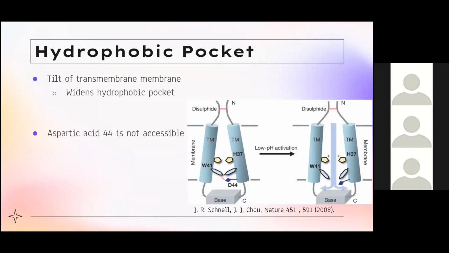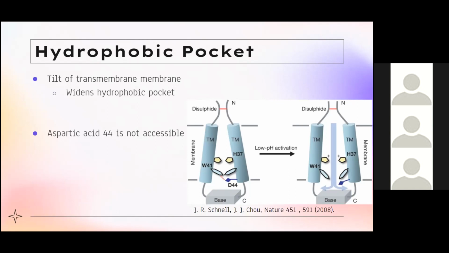After the researchers determined the structure, they noticed that the helices in the transmembrane tilt and make the hydrophobic pocket wider, and the aspartic acid can't be accessed anymore. This means that rimantadine can't bind from the exterior. However, it had been previously observed as binding because of a detergent environment, like Sinan just mentioned, that was used to previously characterize the structure. And that shows the importance of the environment that we look at our structures in.